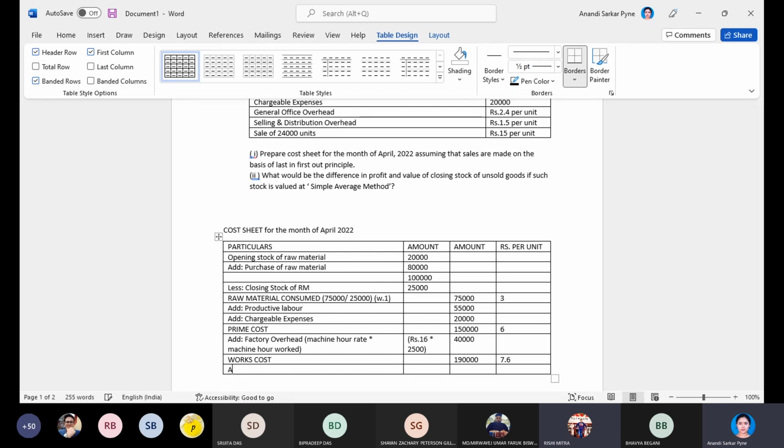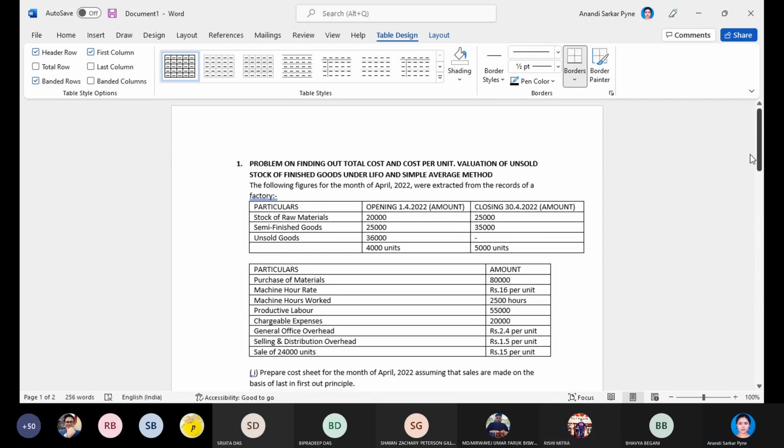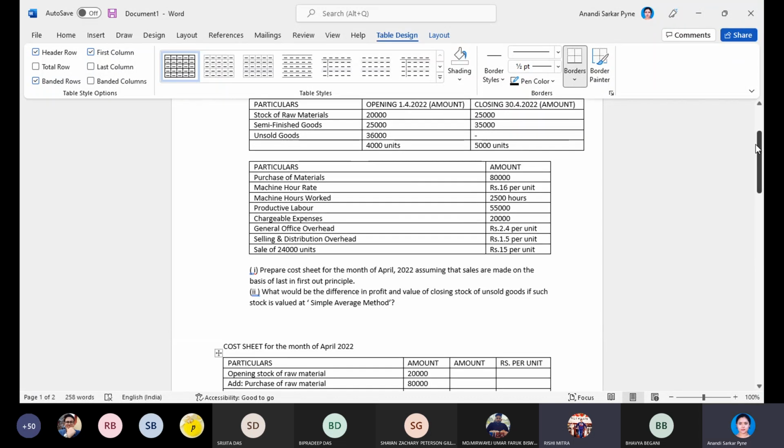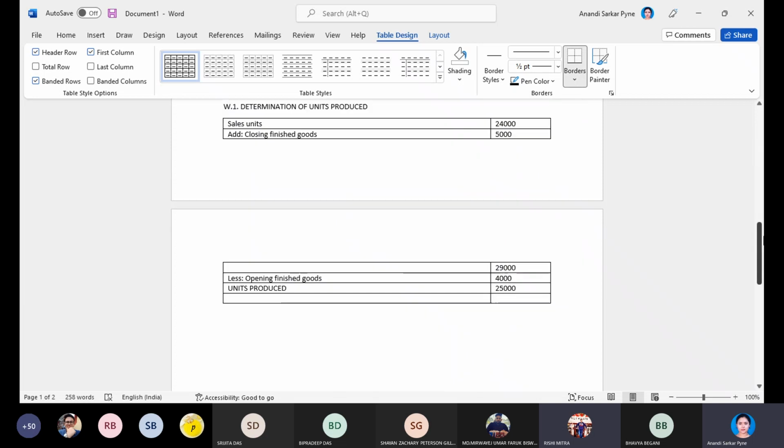Here we will add general office overhead. General office overhead is rupees 2.4 per unit.